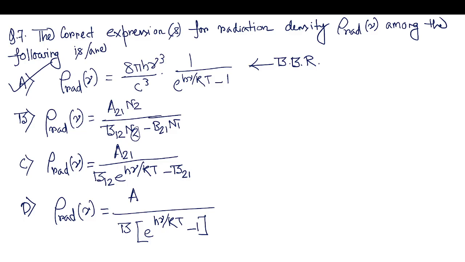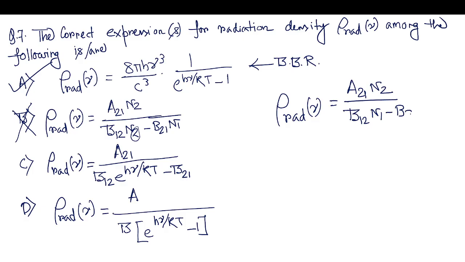This is the wrong answer, so this should be kept in mind while choosing answers. The exact expression is A2 to 1 over B1 to 2 N1 minus B2 to 1 N2.